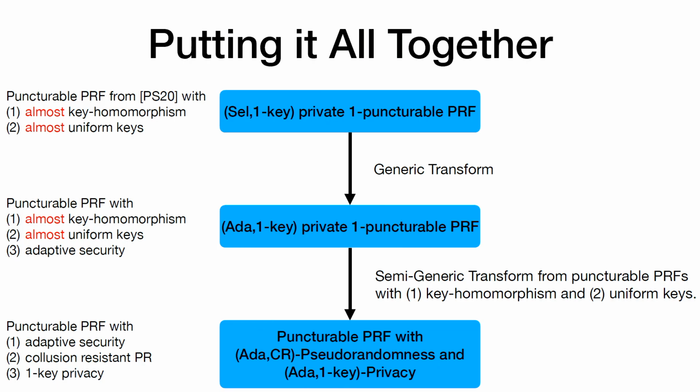So by the first step, we can add adaptive security to this construction, and due to the simplicity of the first construction, the new scheme can roughly preserve the key homomorphism and the key distribution of the original construction. But the scheme still doesn't perfectly match the conditions we require in the second step, but we can somehow open the construction and introduce some tweaks. And finally, we can get a construction with collusion-resistant pseudorandomness.